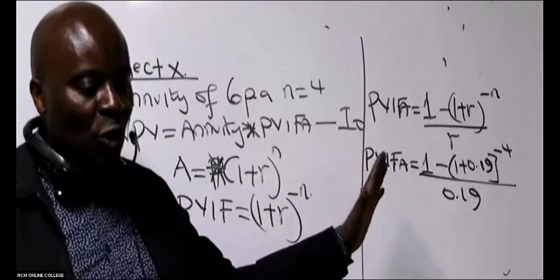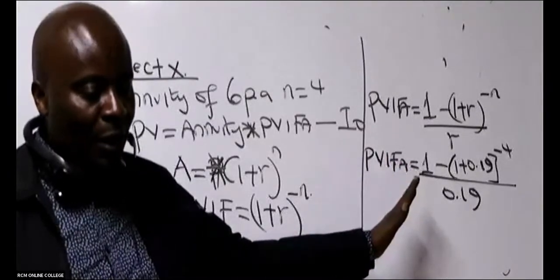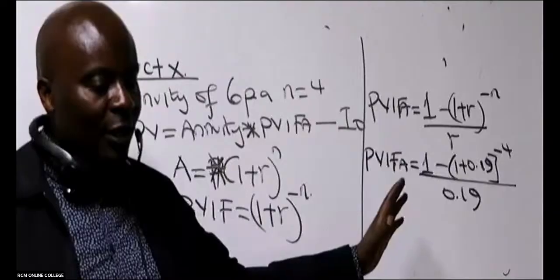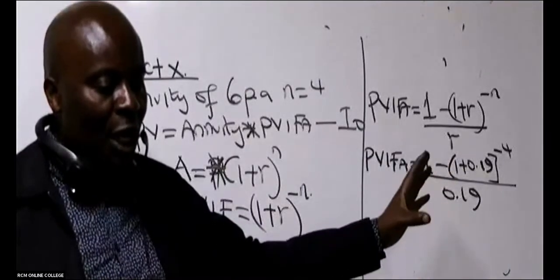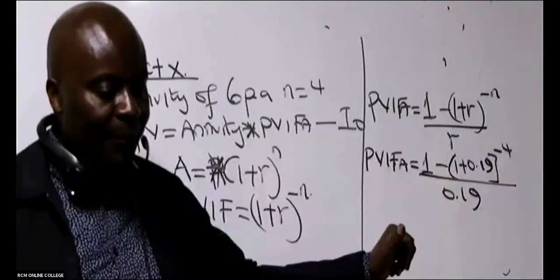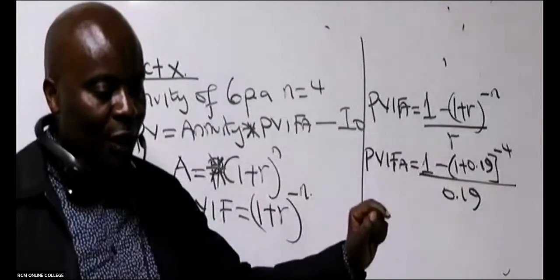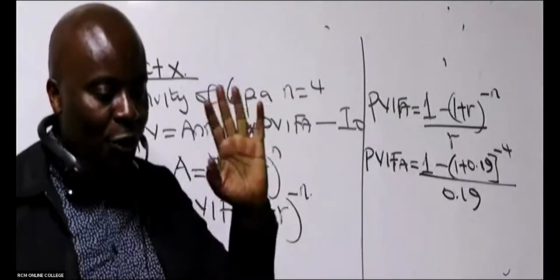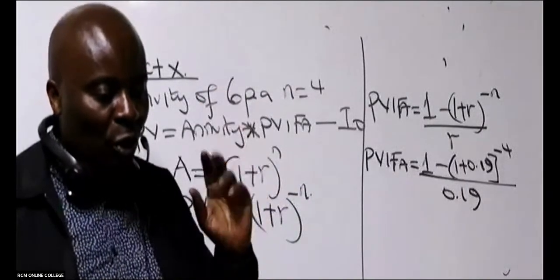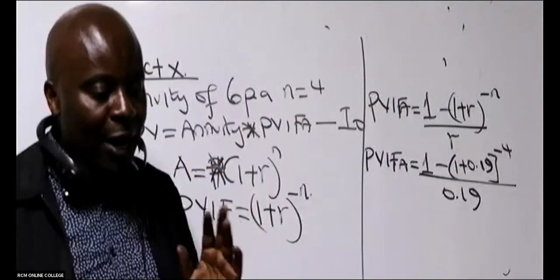So then can you kindly go ahead and give me this PVFA? So PVFA here, please say 1 minus, open brackets, 1 plus 0.19, close, then raised to negative 4, equals, and you divide by 0.19.